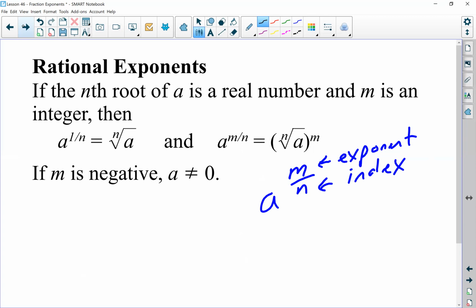If m is negative, then a cannot be 0. Again, a negative exponent would put that in the denominator. We cannot have 0 in the denominator. So just in general, a to the m divided by n, m would be our exponent for our expression, and n is the index of the root.